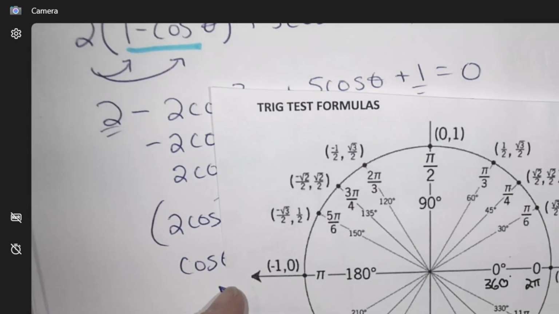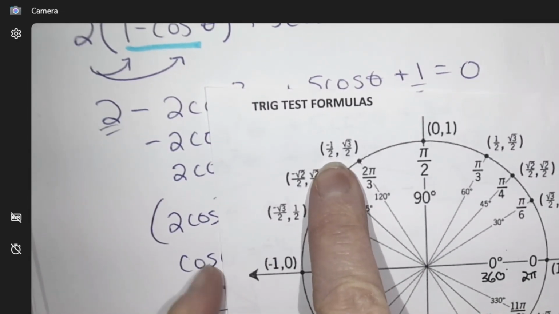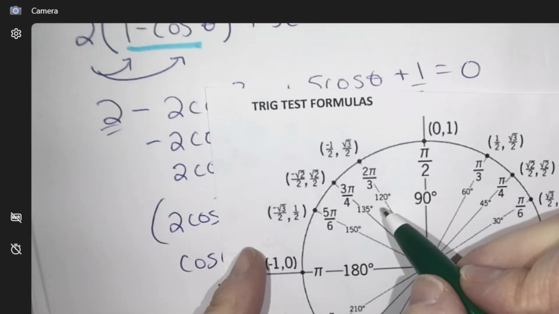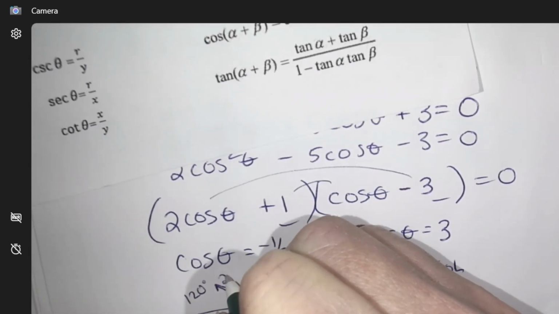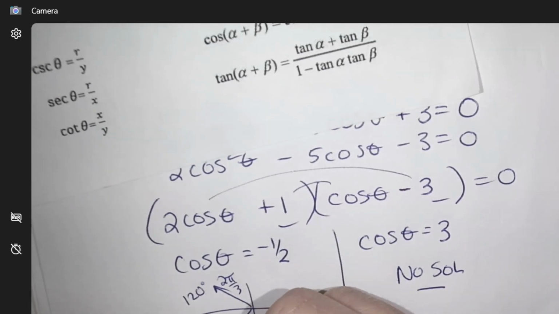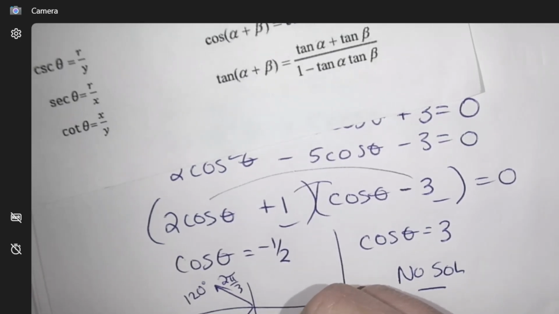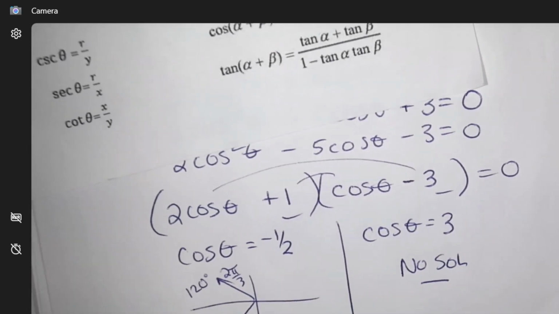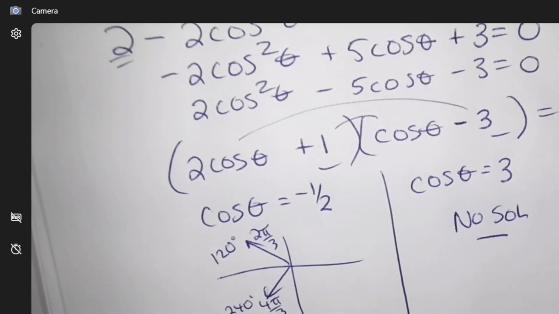So what am I looking for? -1/2 as an x value. So I'm going to write down what I'm looking at, but this is not my answer, okay? This is what I've seen on my unit circle, but that's not my answer.